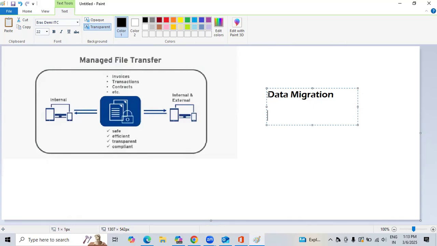When we try to implement MFT, managed file transfer, first we need to identify the kind of files that are to be uploaded as well as encrypted in the MFT system. And whatever secure protocols like FTPS or SFTP or HTTPS are to be used as connections.